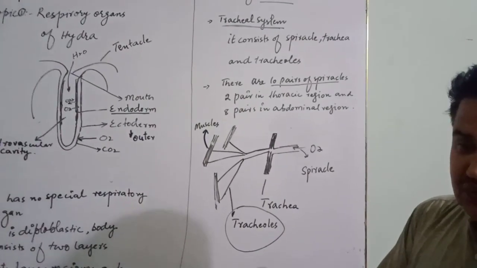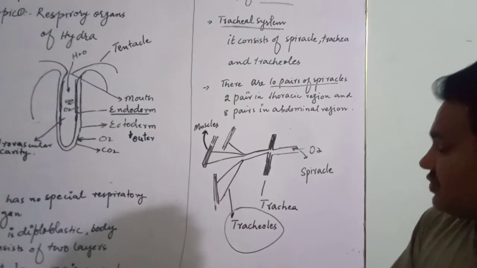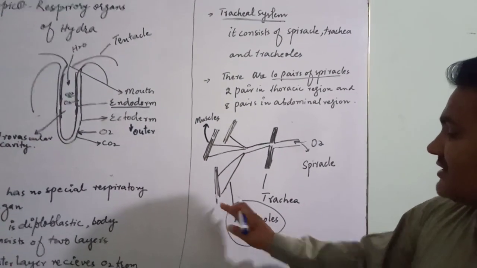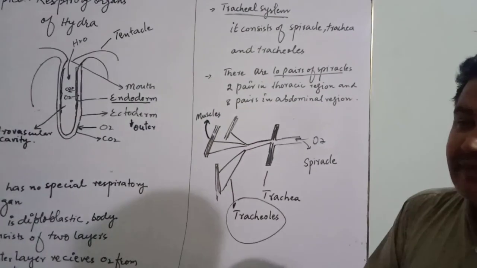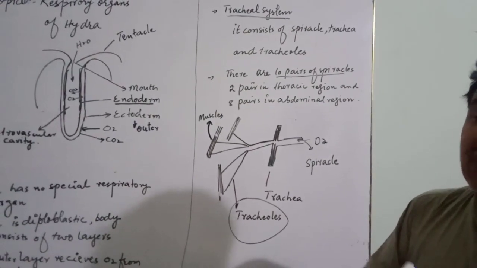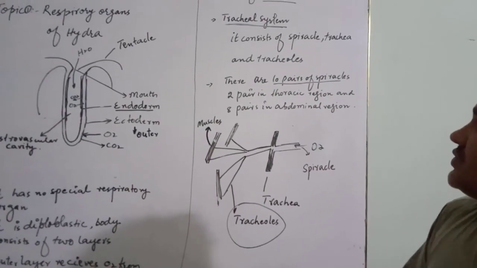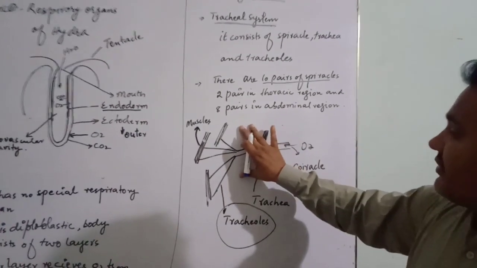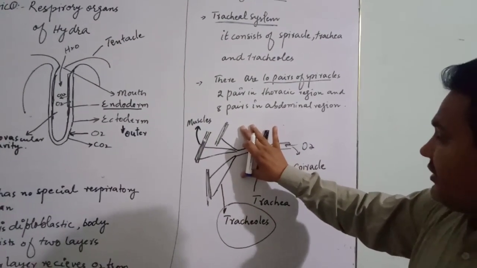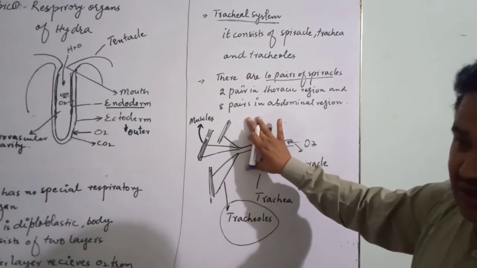Oxygen enters into the tissues of the body of the cockroach, and carbon dioxide is taken by the tracheoles. Then the carbon dioxide goes out of the body via cuticle. So there is a diagram I have drawn. You can watch, you can see. It is the simplest diagram.